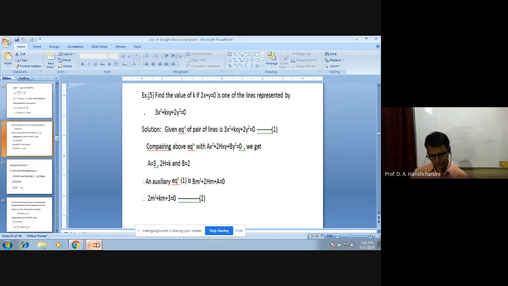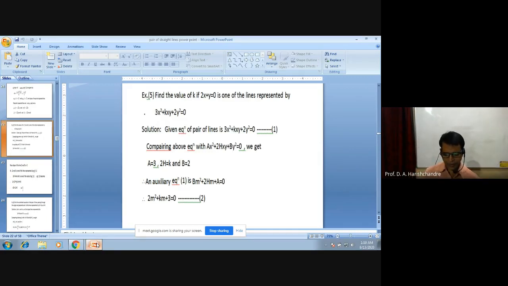So let us proceed. First of all, consider the given homogeneous second degree equation, 3x square plus kxy plus 2y square is equal to 0. Call this equation 1. Now compare this equation with the form ax square plus 2hxy plus by square is equal to 0, so that we get the value of a to be 3, 2h as k and b as 2.